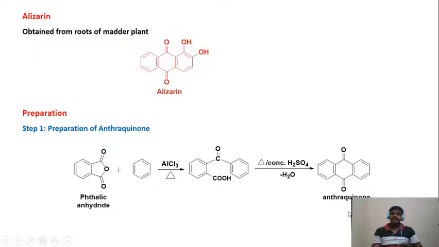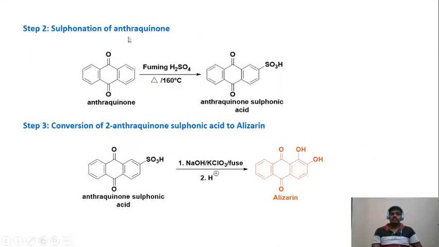The next step is the sulfonation of this anthraquinone. This anthraquinone from the previous step, when treated with fuming H2SO4 and heated at 160 degrees Celsius, produces anthraquinone sulfonic acid. Sulfonation over this position occurs by using fuming H2SO4 at 160 degrees Celsius.